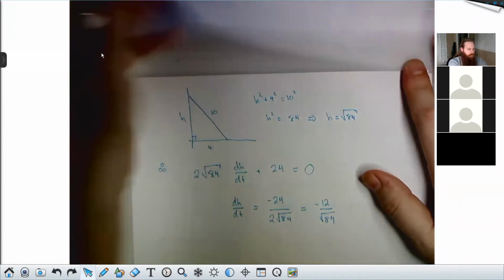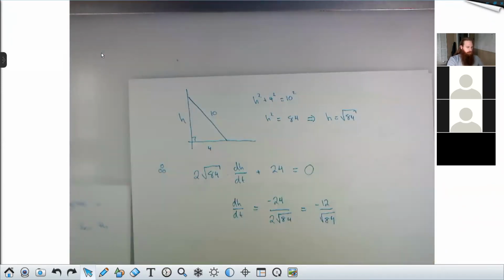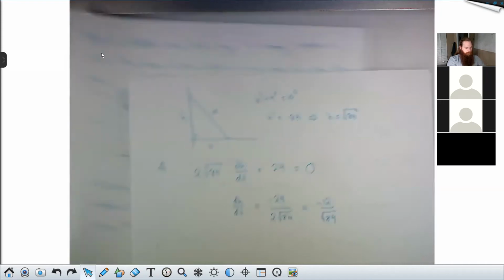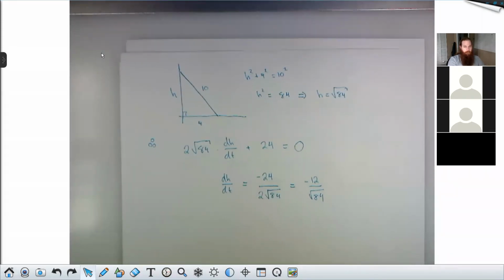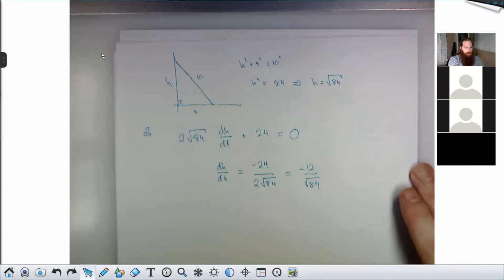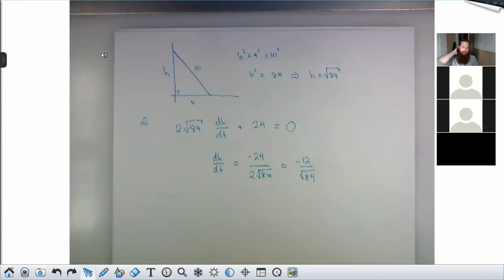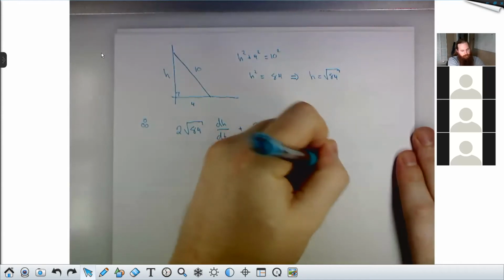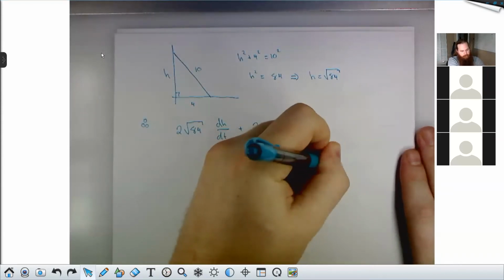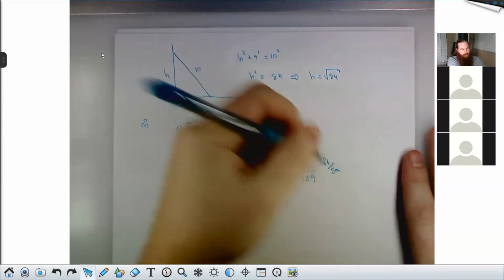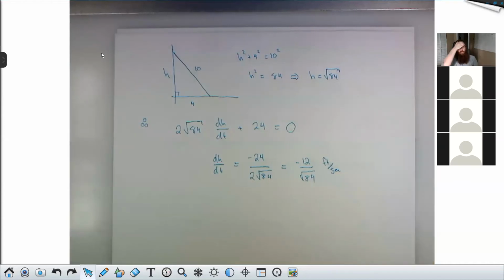And what should my units be here? Feet squared per second. Careful. Just feet per second. So remember, h is measuring feet.